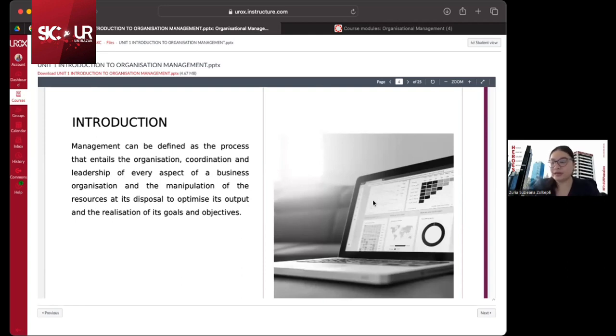Whether we realize it or not, we are actually in an organization, even though we are not working. As simple as a family. A family is actually an organization, because why? Because we do have some leadership in our family.